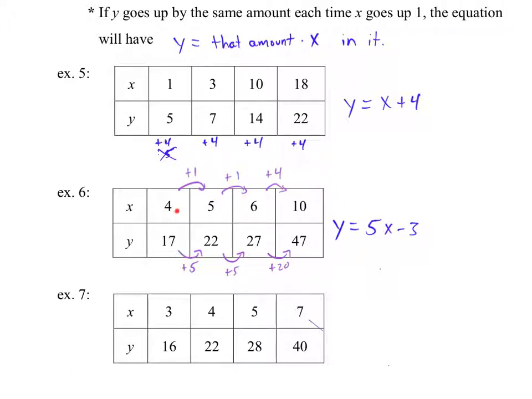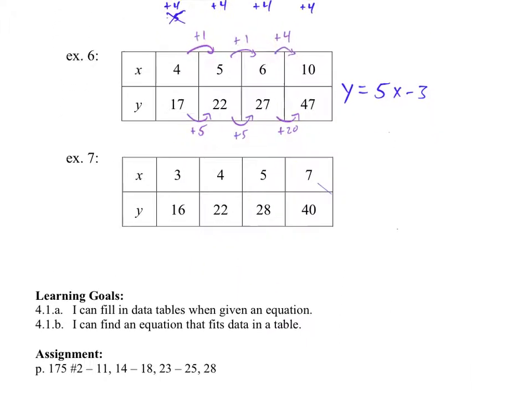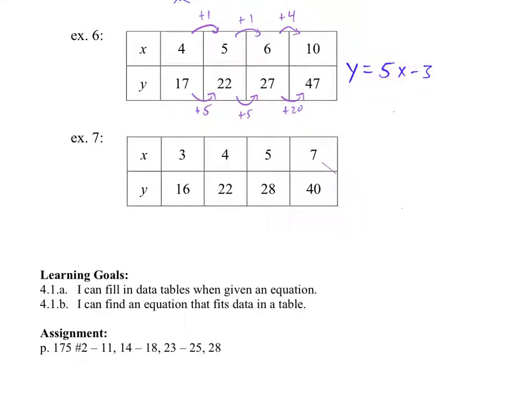Because 4 times 5 is 20, minus 3 is 17. 5 times 5 is 25, minus 3, 22. 6 times 5 is 30, minus 3, 27. 5 times 10 is 50, minus 3, 47. Good?